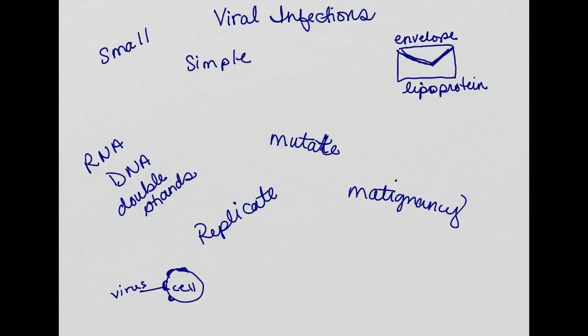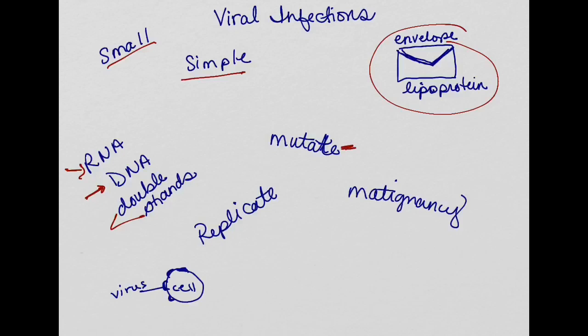All right, let's talk about viral infections. I put a whole bunch of terms on here because this is basically a virus in a nutshell. They are small, simple organisms, and some of them are enclosed in a lipoprotein envelope. Some have RNA, some have DNA, some are double stranded, so all of them are a little bit different. Also, they mutate, so they're unrecognizable by our own immune cells.